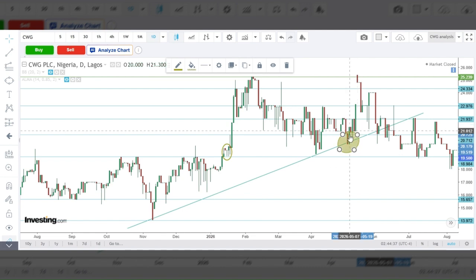But if you bought after you saw this engulfing bullish candle, and you bought at this pullback into value here, you would have gained a good percentage, let's say from 20 naira to 25 naira, before the market then pulls back again to this level.